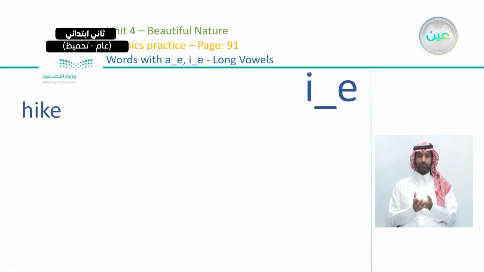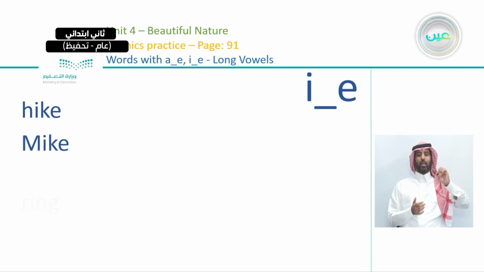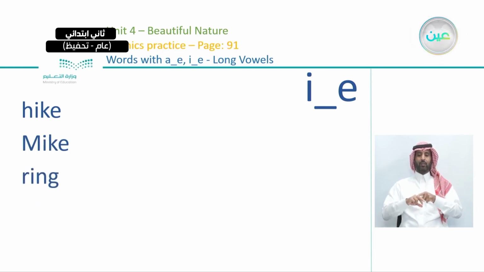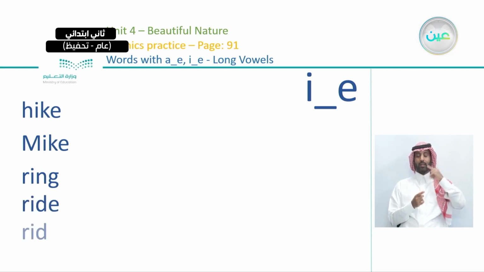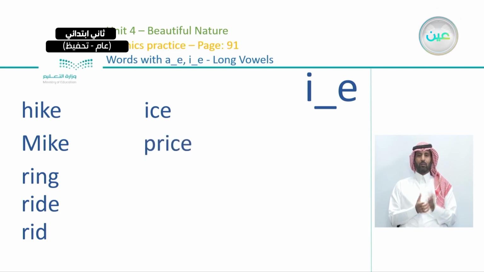So let's practice. We have hike. We have mic. We have ring, not ring. We have ride. We have red. We have ice. We have price. We have brick.